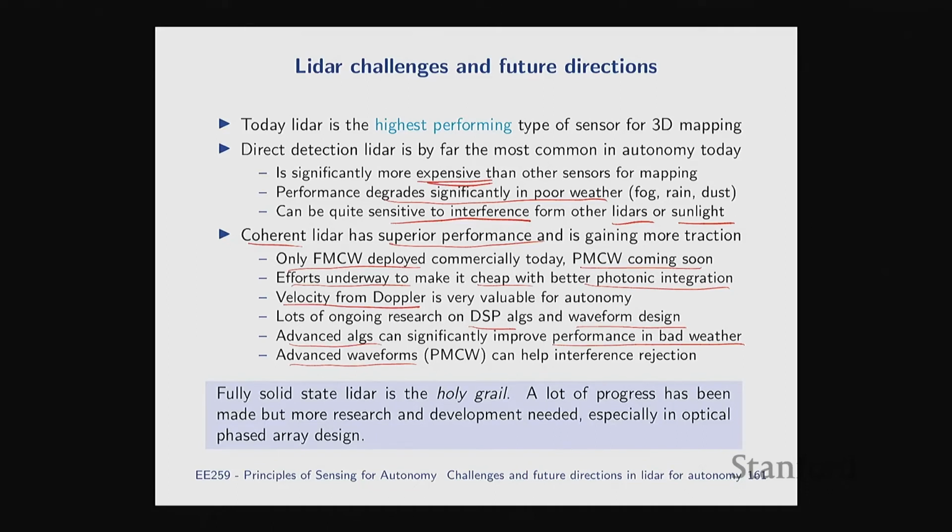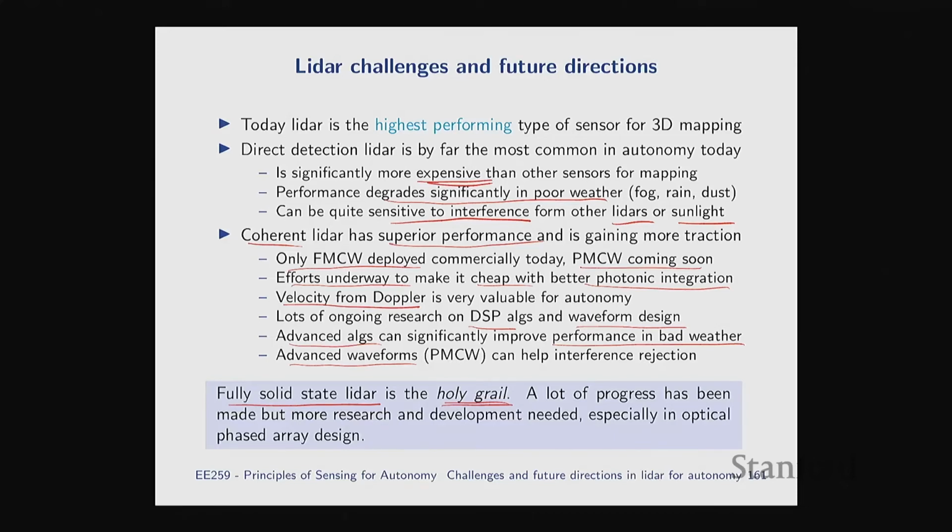Fully solid-state LiDAR, which is a LiDAR with no moving mechanical components, is considered the holy grail of LiDAR. It doesn't quite exist today. There are some versions of it with very limited performance, but a high-performing one like the one we just saw does not exist today. A lot of progress has been made. Mostly, the last piece that needs to be solved is beam steering.